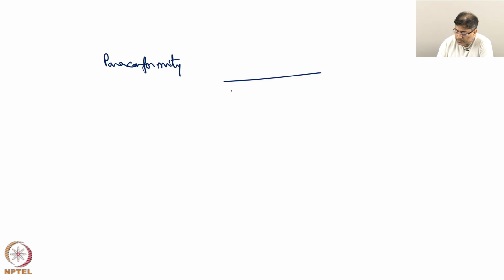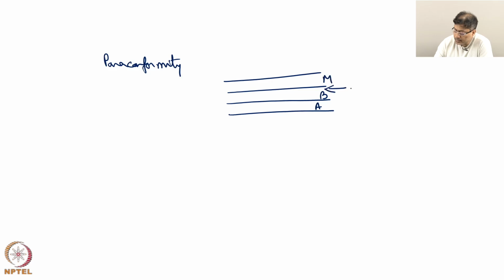it will look like this: layer A, layer B and layer M, and this contact is the paraconformity. So, here the paraconformity is drawn in this sketch as a straight line, no irregularity, no erosion is marked.